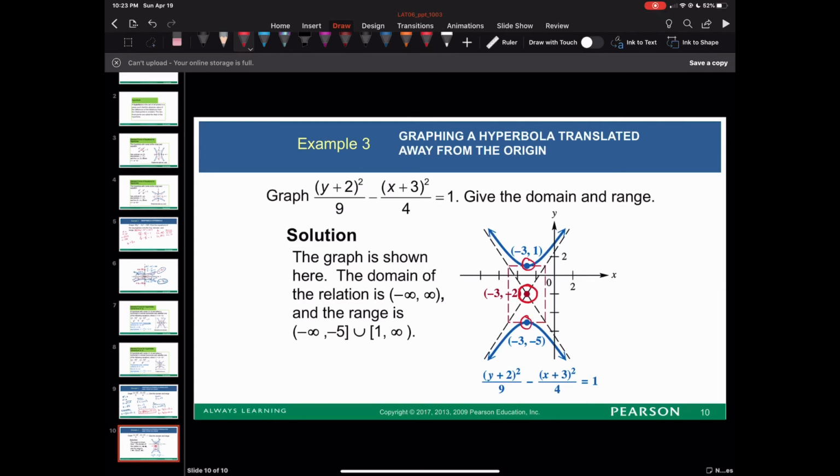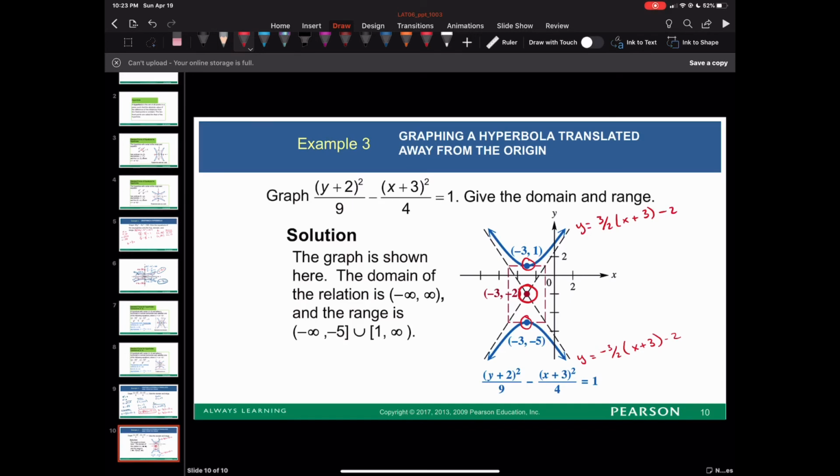Now, this one right here would be your y equal to negative 3 halves times x plus 3 minus 2. And this one up here would be your y is equal to 3 halves times x plus 3 minus 2. All right? So just keep that in mind.